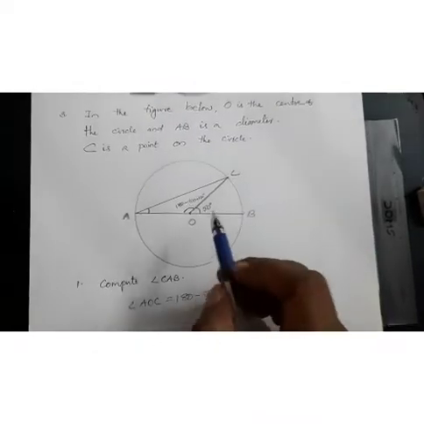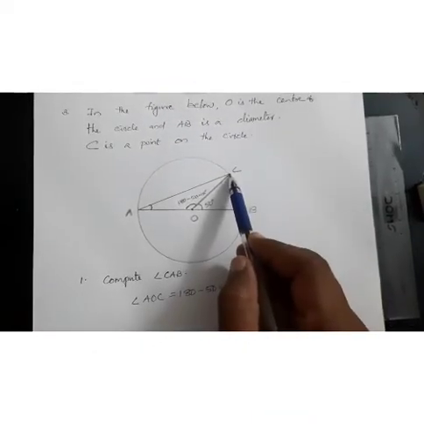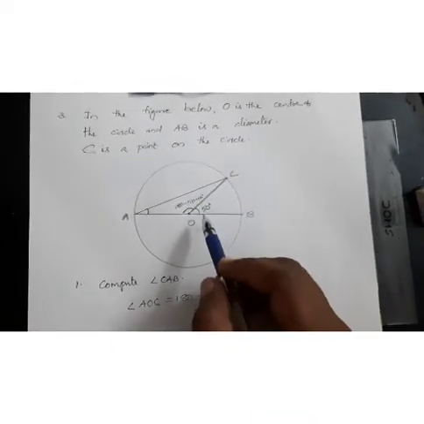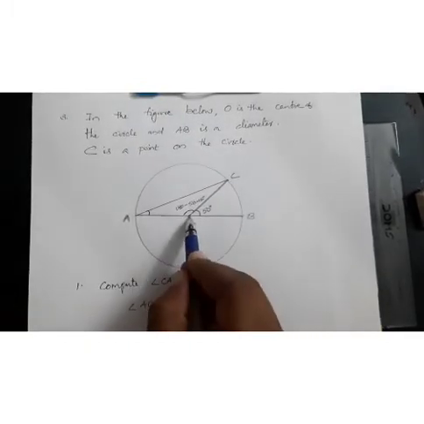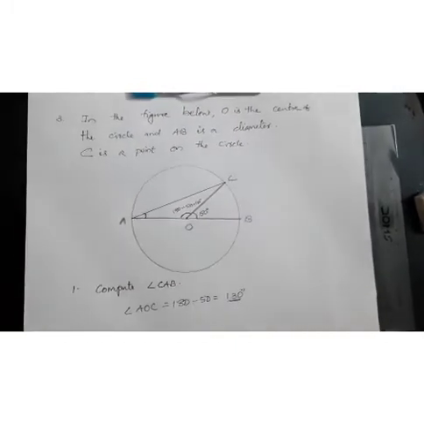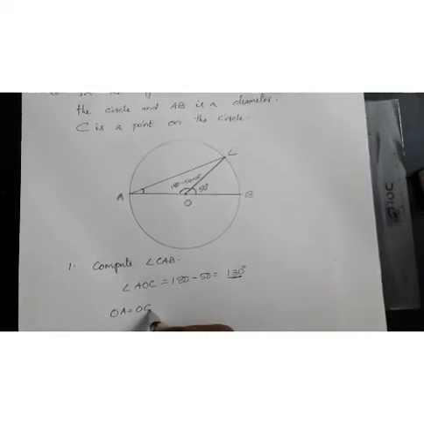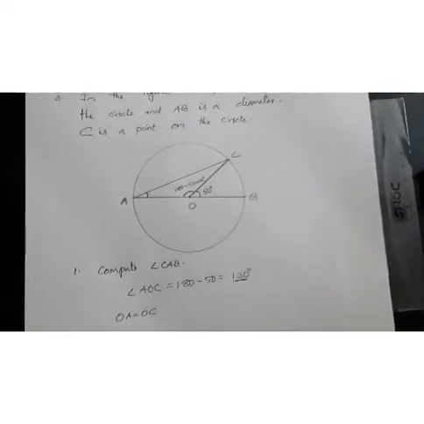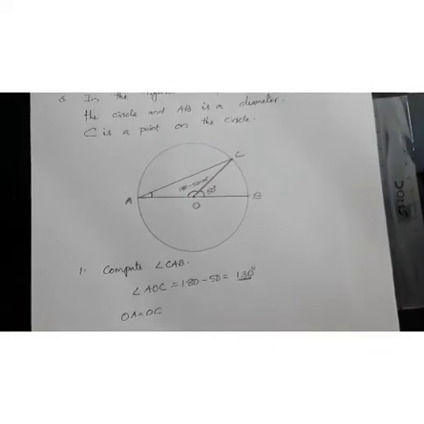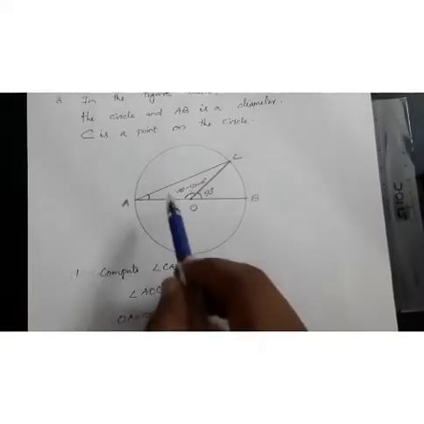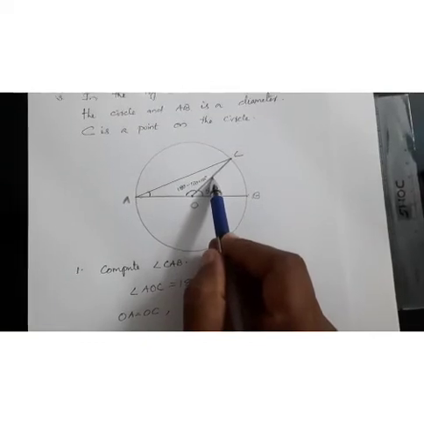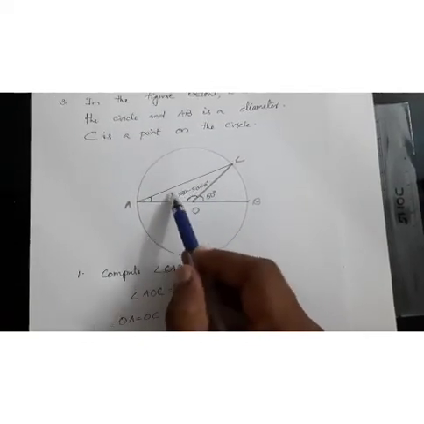Then, already said C is a point on the circle. So what about OA and OC? OA is the same as OC because that is the radius of the circle. Then if these two sides are equal, what is the speciality of this triangle?